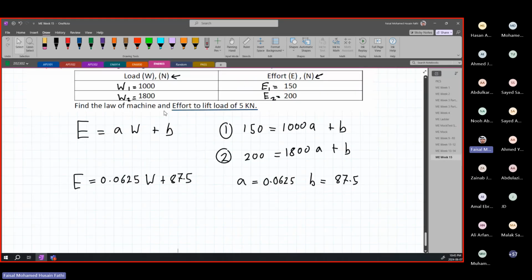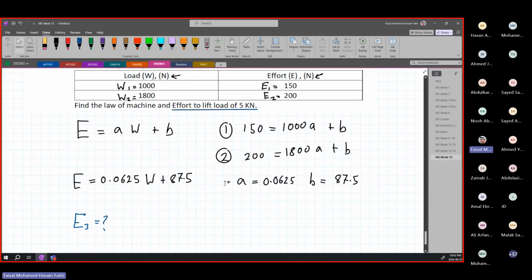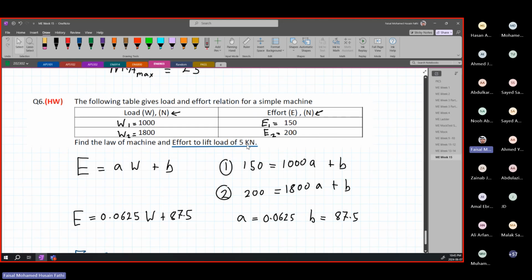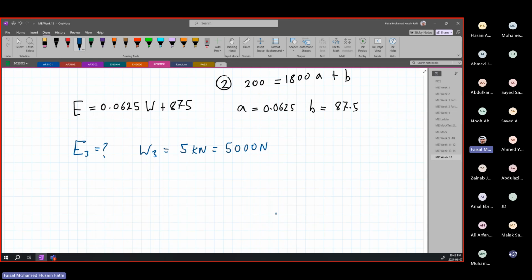So now they give us find the effort. So we need to find the new E. We'll call it E3. Right? We need to find E3 when W3 is 5 kilonewtons. So W3 is equal to 5 kilonewtons. Again, convert into newtons, so it's 5,000 newtons. And we just plug it back into this equation over here.